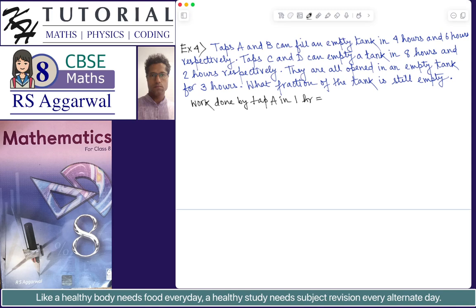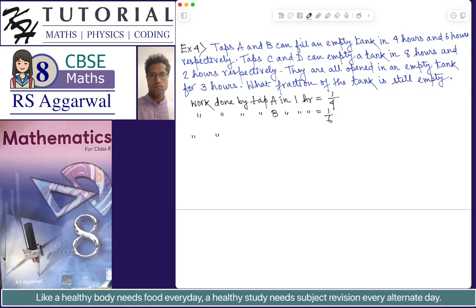So work done by A in 1 hour is 1 by 4, since it takes 4 hours for tap A to fill completely an empty tank. Similarly, work done by tap B in 1 hour will be equal to 1 by 6. Since tap B is also an inlet, it takes 6 hours to completely fill an empty tank.